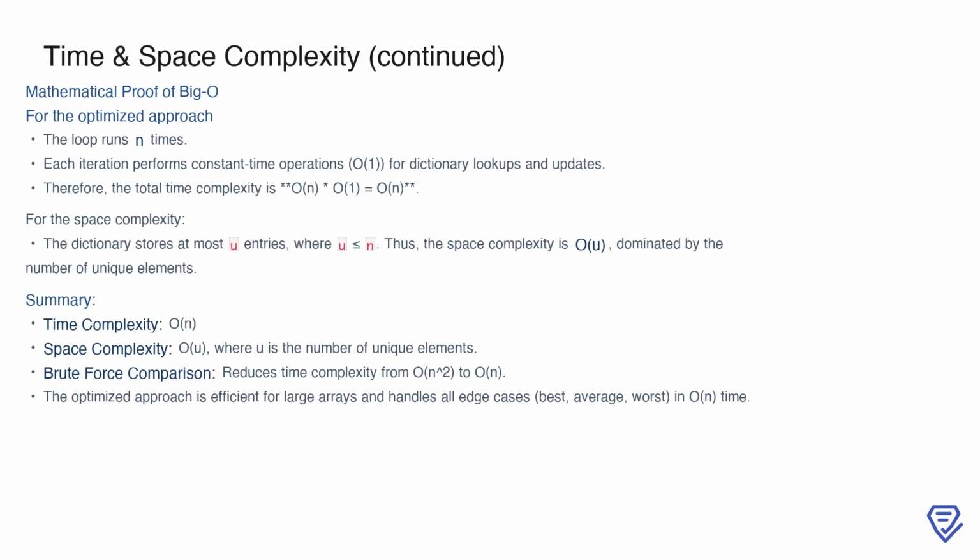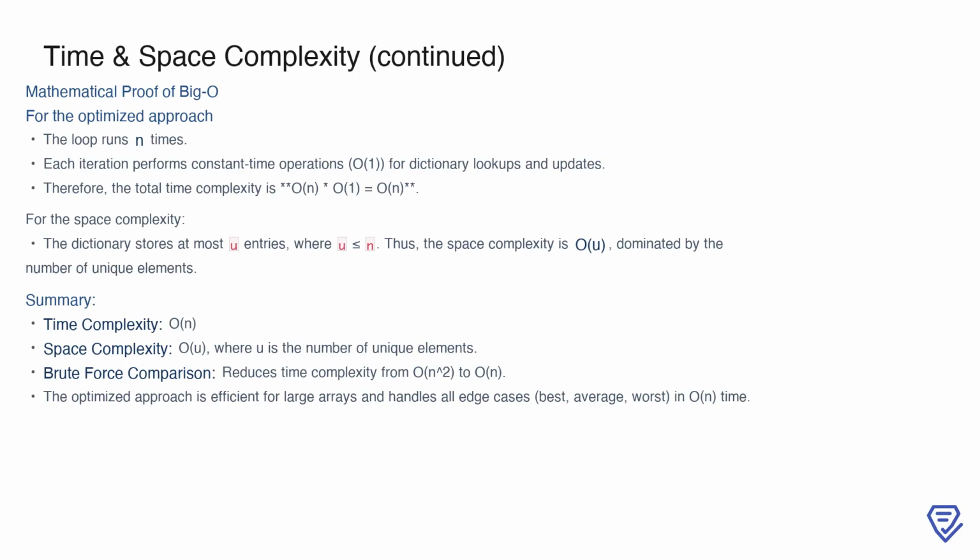For space complexity, the dictionary stores at most U entries, where U is the number of unique elements and is always less than or equal to n. This means the space complexity is O(U), determined by the number of unique values rather than the total number of elements. To summarize, this algorithm achieves O(n) time complexity and O(U) space complexity, a significant improvement over the O(n²) time complexity of the brute force approach.